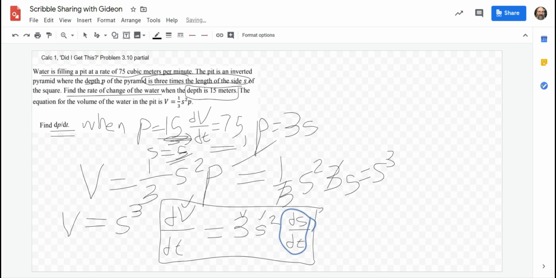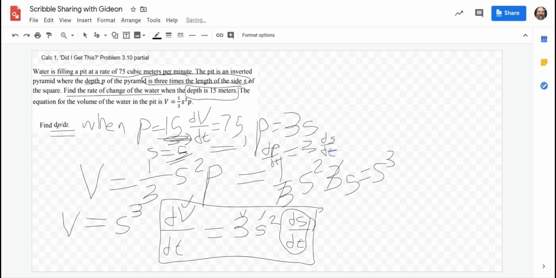Now, we were asked for dp/dt, but P and S have a linear relationship, so we can solve for ds/dt and then convert that using the relationship between P and S, right? P equals 3S, so we can also take the time derivative there. And so dp/dt equals 3 ds/dt.